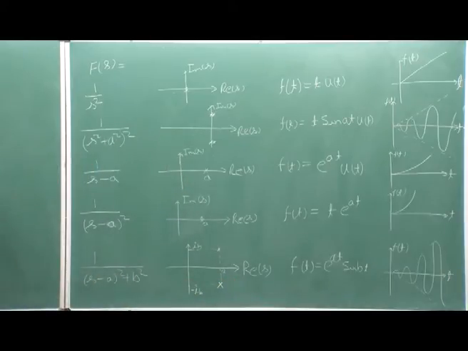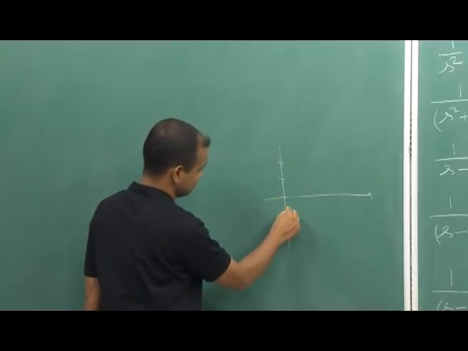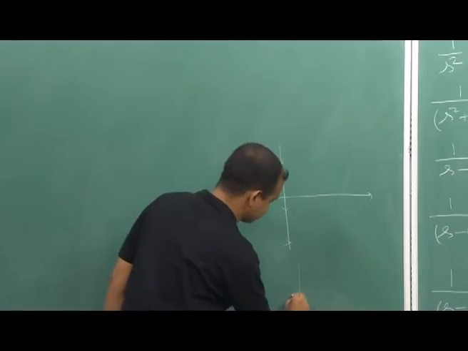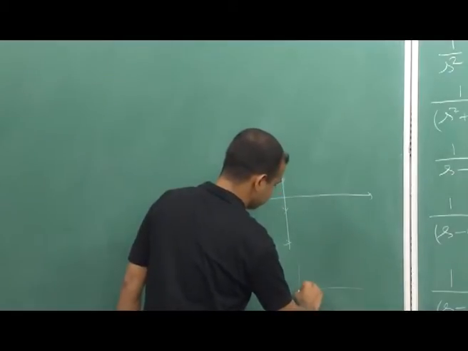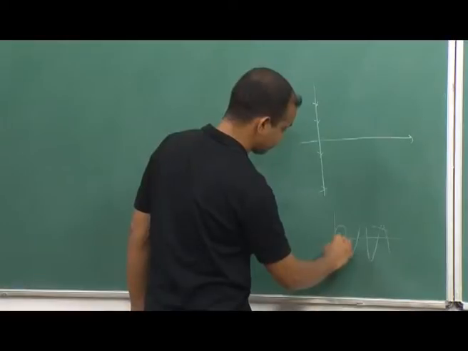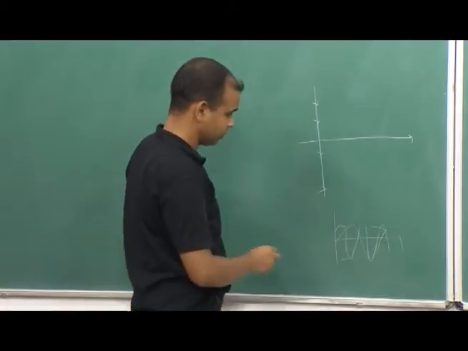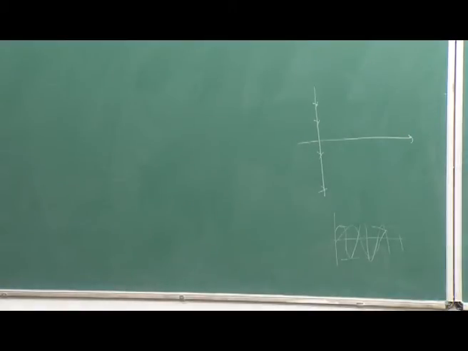But if I have two pairs of complex conjugate poles on the imaginary axis at different locations, for each pair I will get two sinusoidal waves of different magnitude, and the resultant will be the superposition of both, and the system will be marginally stable.